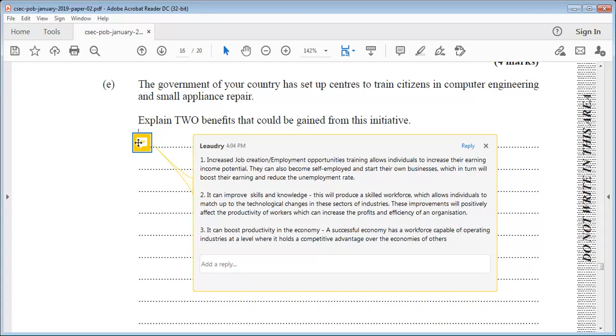A successful economy has a workforce capable of operating industries at a level where it holds a competitive advantage over the economies of others. That is why you have some countries, because of expertise, that do better than some other countries because of the highly trained workforce that they have.